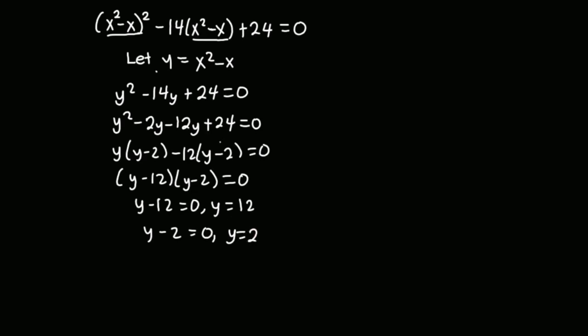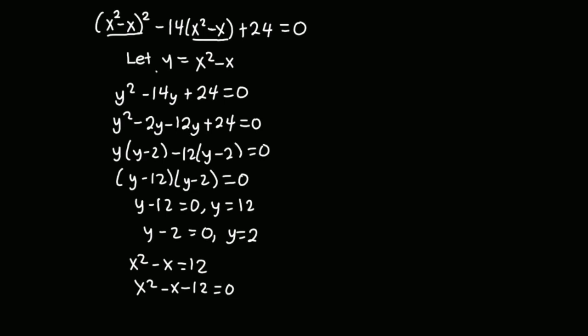But we have indicated here that let y be equal to x squared minus x. So we can say that x squared minus x is equal to 12 when y is equal to 12. This will give x squared minus x minus 12 is equal to 0.